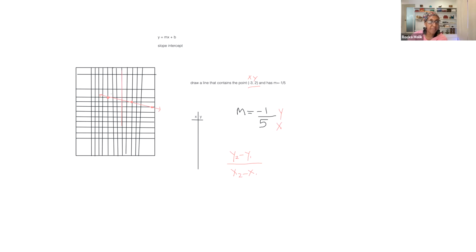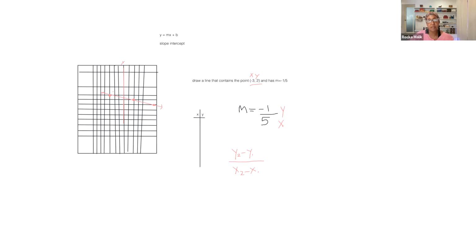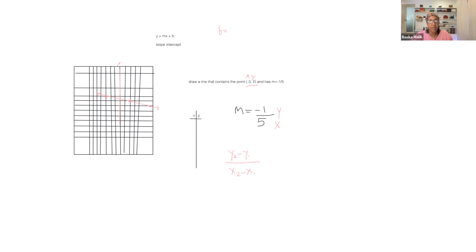So we want to see where this line hits my y-axis. This is my 0. I'll just say 1.5. So my line hits the y-axis at 1.5 or 3/2.